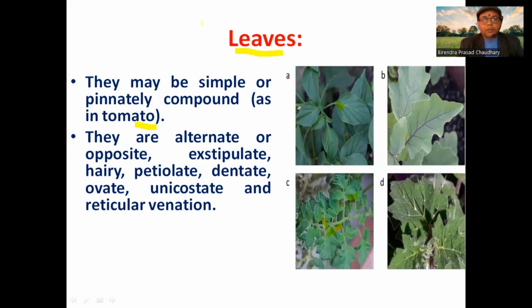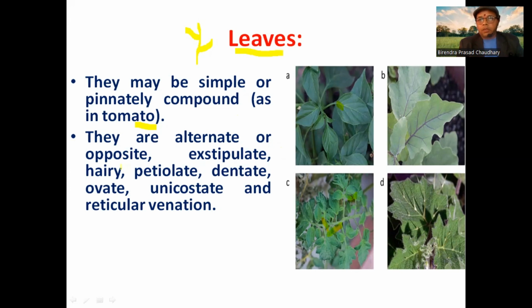Alternate means, suppose this is the stem, then one leaf is on this side, then another leaf is on this side. They are alternate and opposite. Exstipulate means they do not have an outgrowth at the place from where the leaves arise.